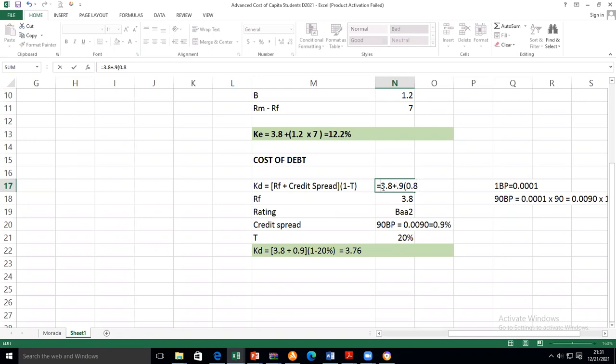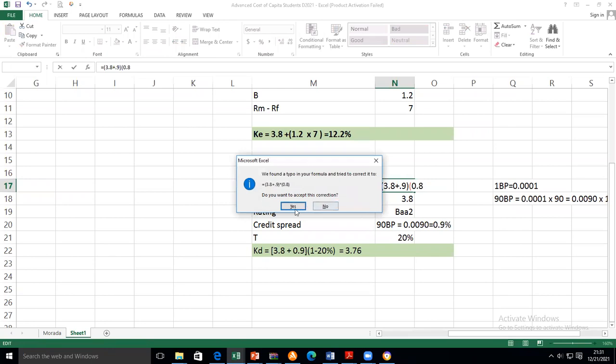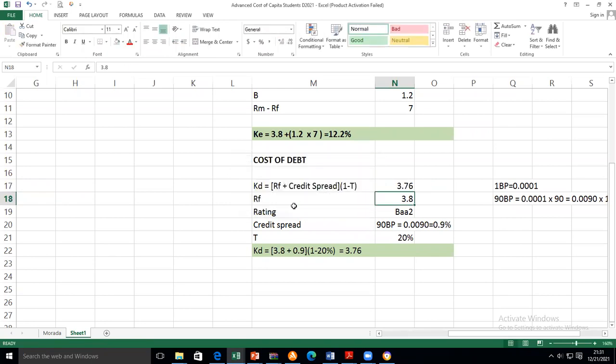And we bracket that and bracket this. Yes, 3.76.